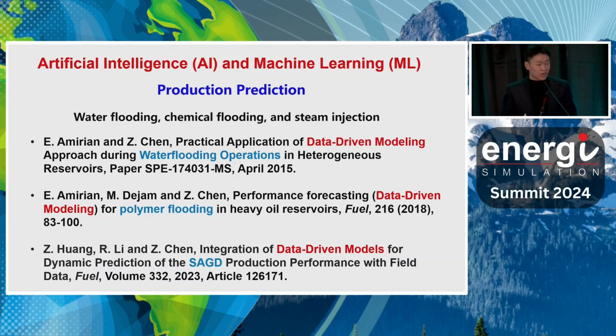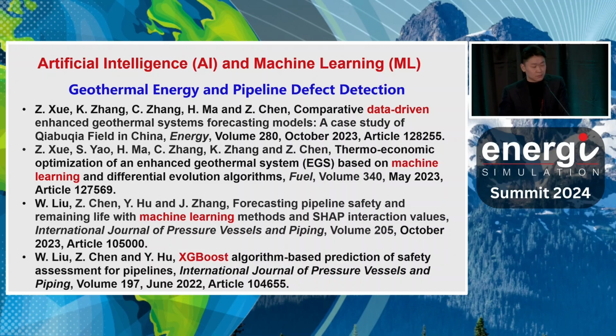We have also done some work on production prediction in water flooding, chemical flooding, and SAGD processes. And we also have some applications in geothermal energy and pipeline defect detection.